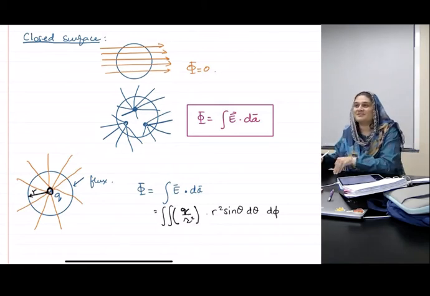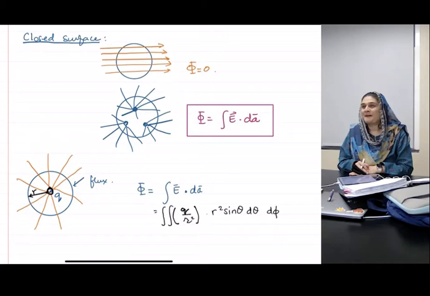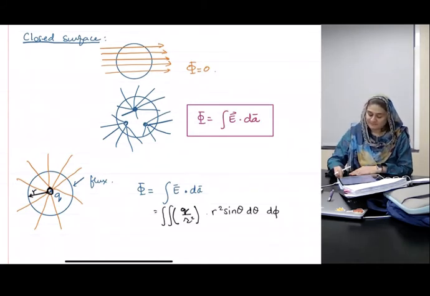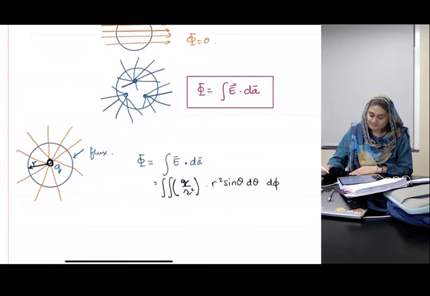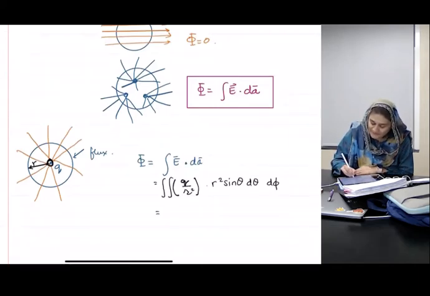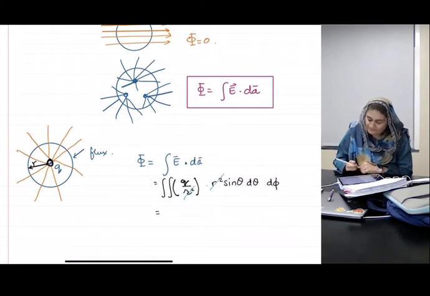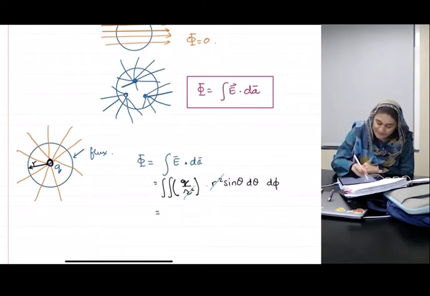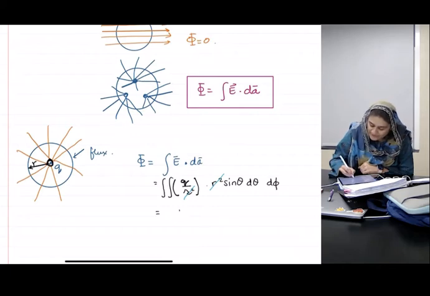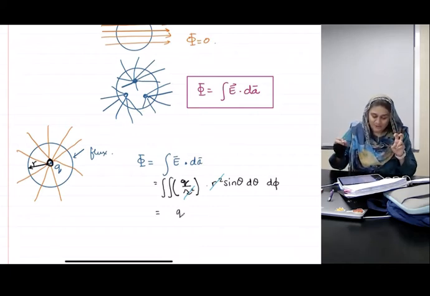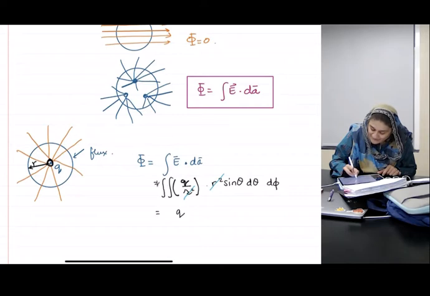We better remember these very quickly. If we don't, revise them, Chapter 1. And the R squares are going to get canceled, and I'm going to be left with Q, which is just a number. Oh, and we should have a K somewhere there too, right? K Q.